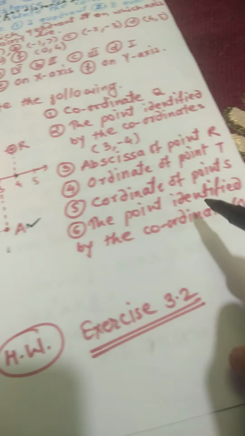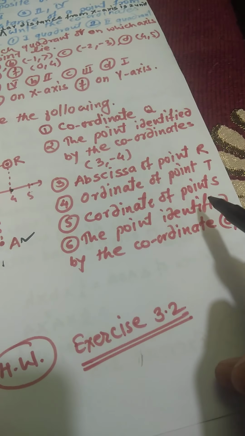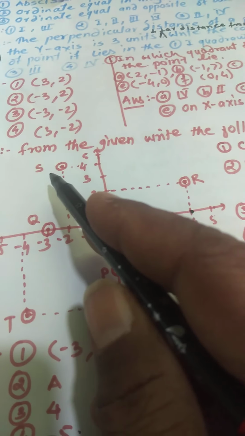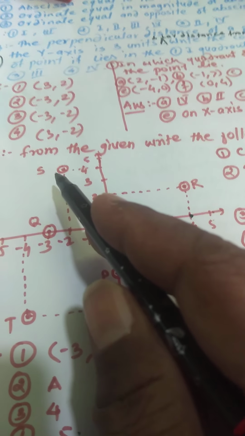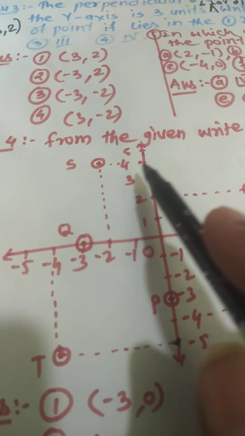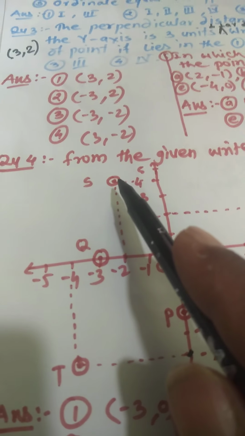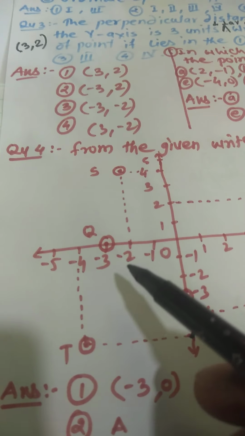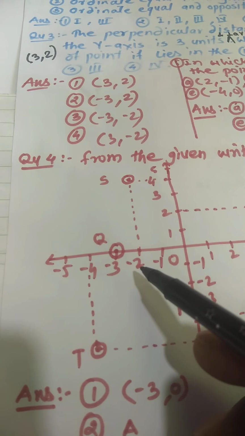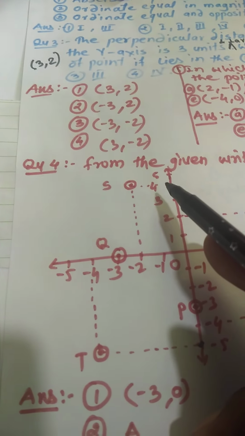Now next, coordinate of point S. Where is S? Here. This point. We have to write the coordinate of this point. So draw a perpendicular from S to the y-axis. Draw a perpendicular from S to the x-axis. So first the x coordinate we write: -2. Then the y coordinate: 4. -2, 4.